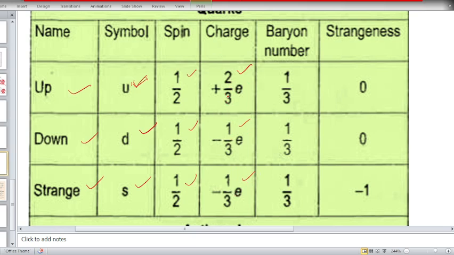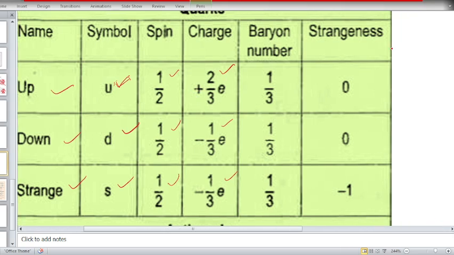When they are joined together, as we discussed earlier, for baryons, I think we didn't explain that. Baryons are made up of three quarks. Hadrons are baryons plus mesons, and mesons are made up of two quarks. If you consider antibaryons, they consist of three antiquarks.